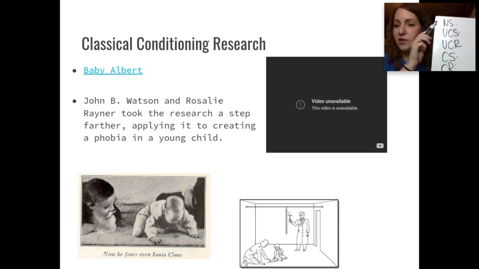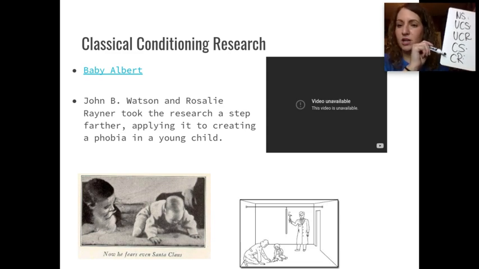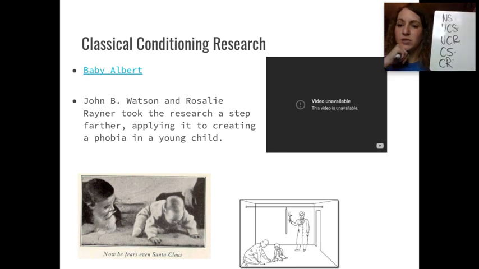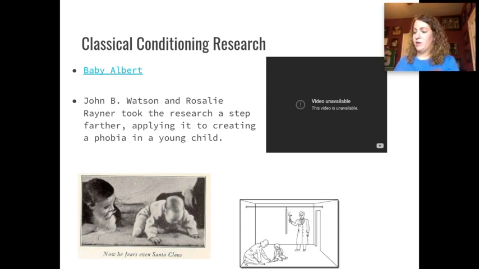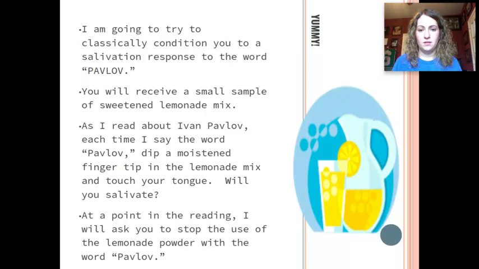The thing before the experiment that had no reaction, the natural thing and its natural reaction, and the learned, the associated thing, and the associated reaction to it. So NS, UCS, UCR, CS, and CR for the baby Albert experiment. And when I come live on probably Wednesday and Friday of each week, then I'll be going over it. Okay, but going back.